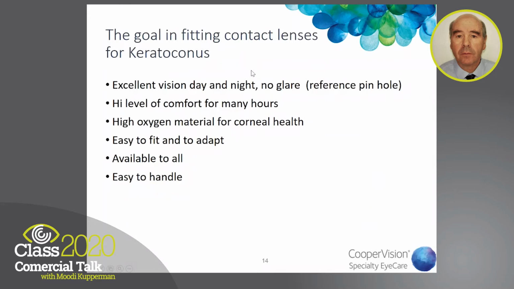So besides, of course, the vision, we get excellent vision day and night. It's very important at night because people are driving, no glare, high level of comfort for many hours when the patient is working.